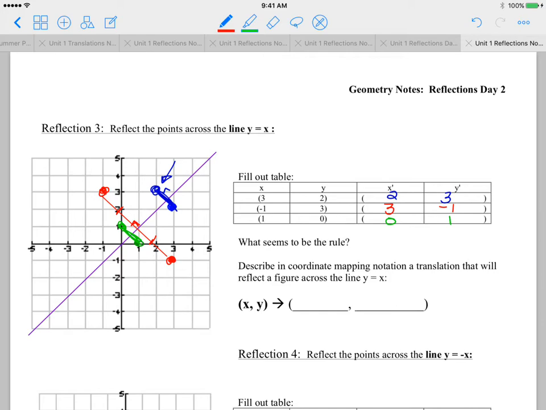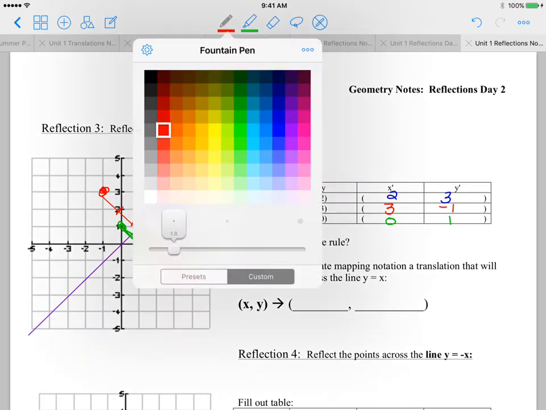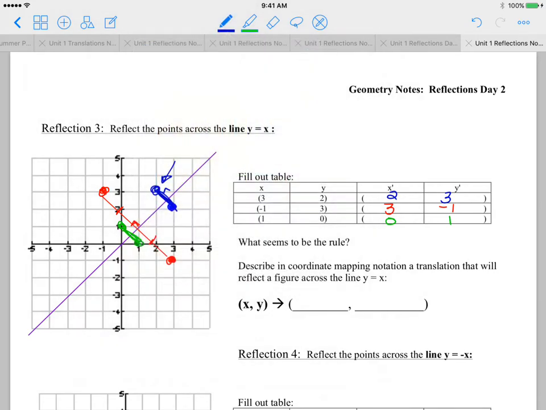Now, if we look at our three values, what is really happening? I went from a pre-image of 3, 2 to an image of 2, 3. Then I went from a pre-image of -1, 3 to an image of 3, -1.